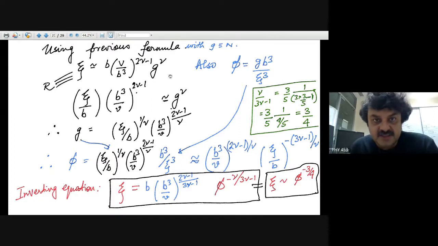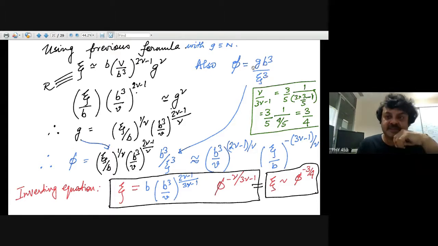And also you have phi, the monomer concentration. This is G, the number of monomers within a correlation blob, times b cubed, divided by the correlation blob length scale zeta cubed. Right? So this is the monomer concentration within a correlation blob.